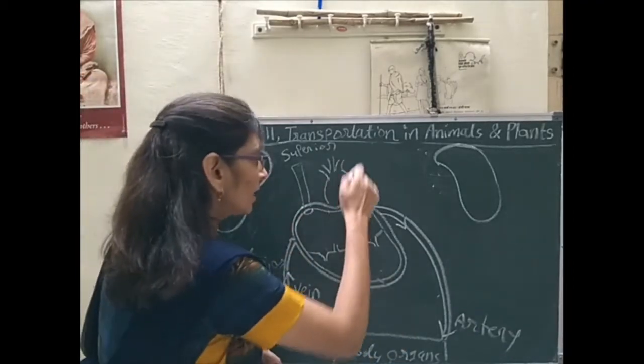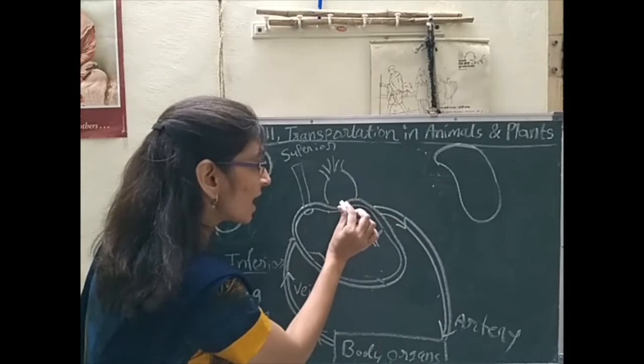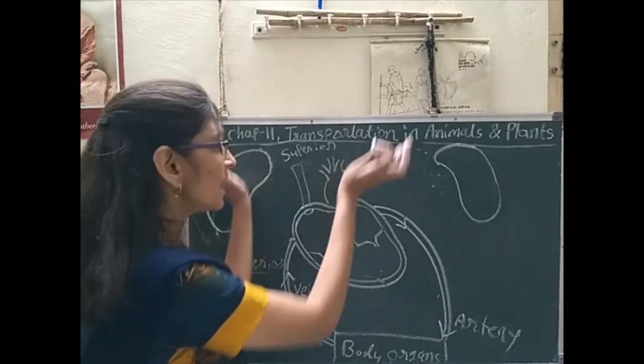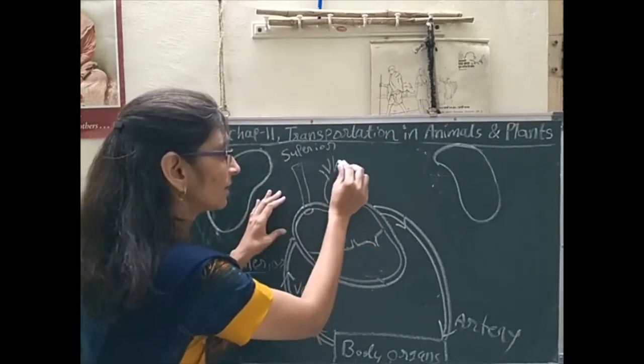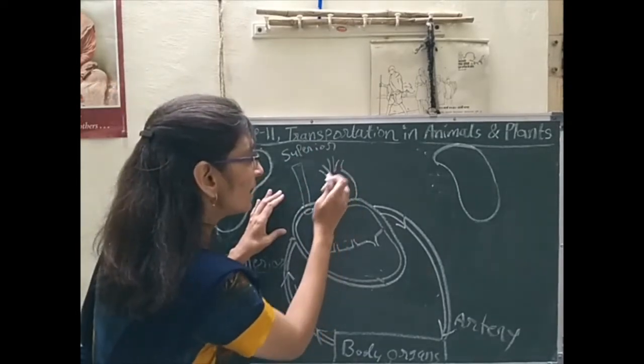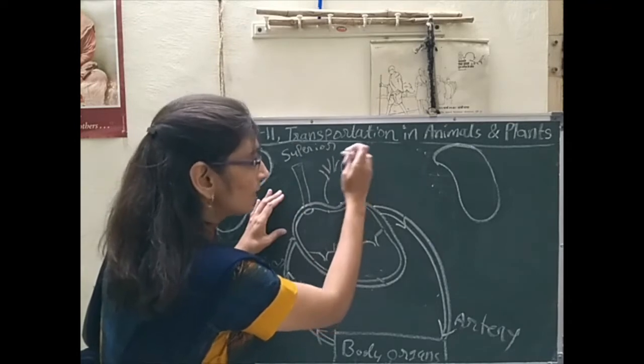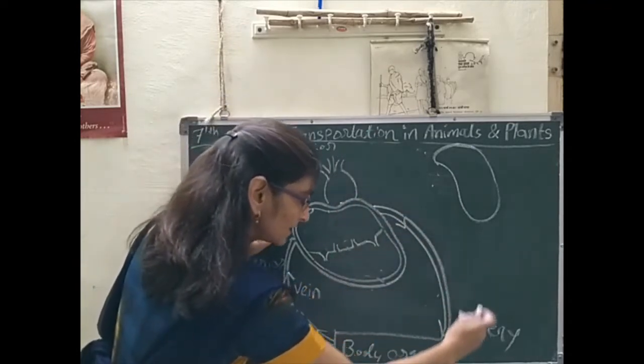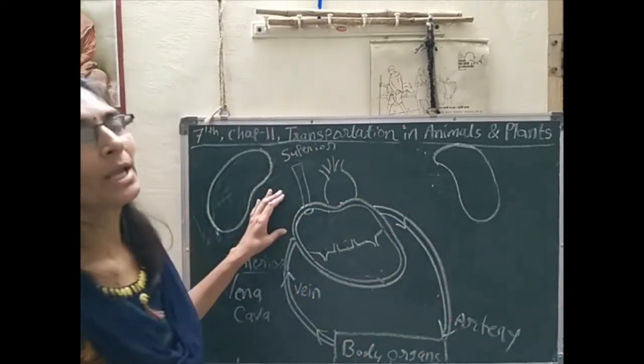And the aorta is the major artery. It is divided into many arteries. In this manner it branches into many arteries, and through that aorta the blood goes towards the arteries, and those arteries carry blood towards the body organs.